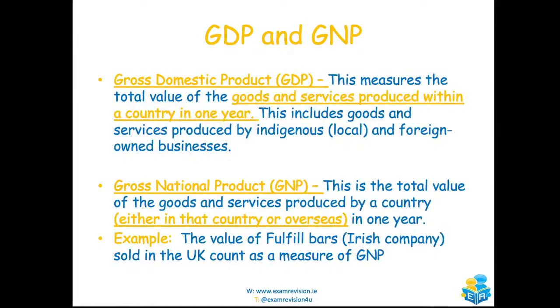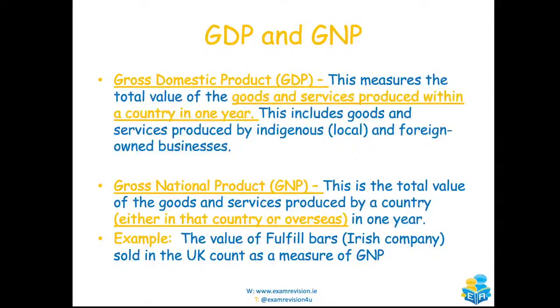Okay, so the example there for how GNP is different to GDP is if we take an Irish company such as Fulfill. Fulfill is the company that makes the protein bars. You'd see them in petrol stations and news agents all around the country. And they also operate in the UK, okay? So the value of Fulfill bars which are sold in the UK also count as a measurement of gross national product, whereas they don't count for GDP, okay?